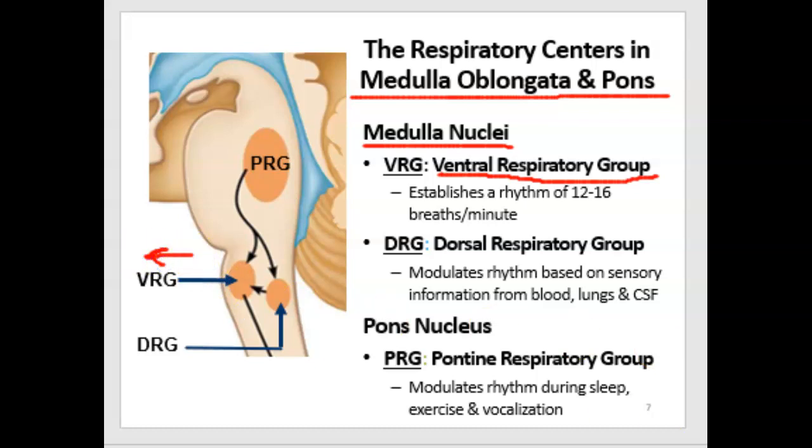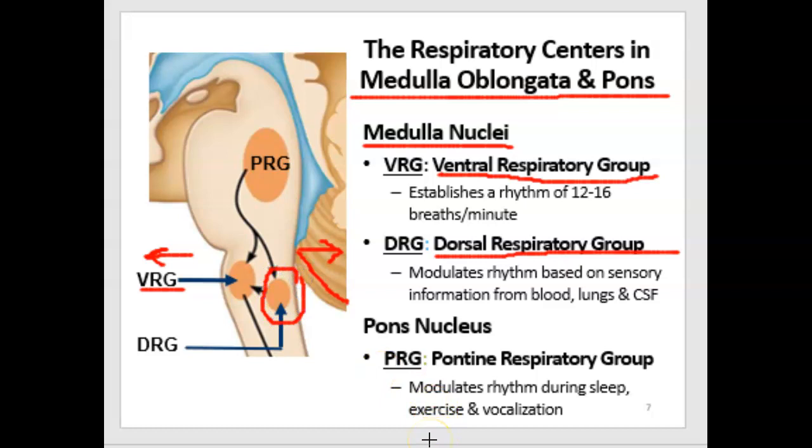That's ventral or anterior. And you can see the cerebellum peeking here, so you know that's posterior to the right, or dorsal. So one of them, the medulla nuclei, is the VRG. The other one is the dorsal respiratory group, because of course it is more dorsal.